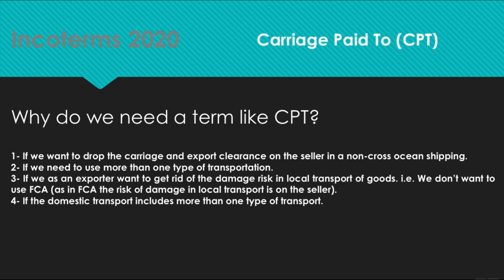If we want to use CPT for a domestic transport, or we want to deliver the goods to a premises in the country of origin to the carrier, in such case, we use CPT to get rid of the risk in local transport. 4. If the domestic transport includes more than one type of transport. This is the same as the story I told you about the combined transport.